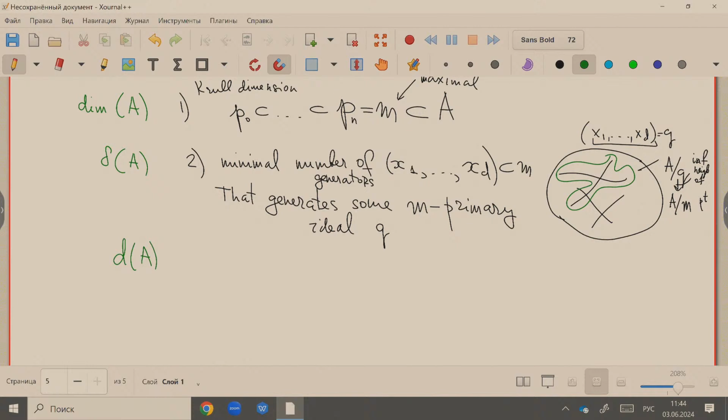So, and the third notion of dimension is just the dimension that we have introduced. And this is some kind of justification for why we're using Q in our previous formula. Because this ideal is naturally primary, but I cannot guarantee, for example, that it generates some power of M. So that's why we are using this notion.